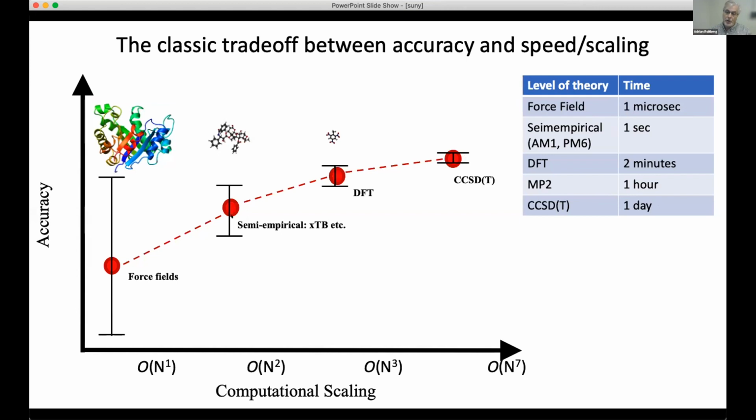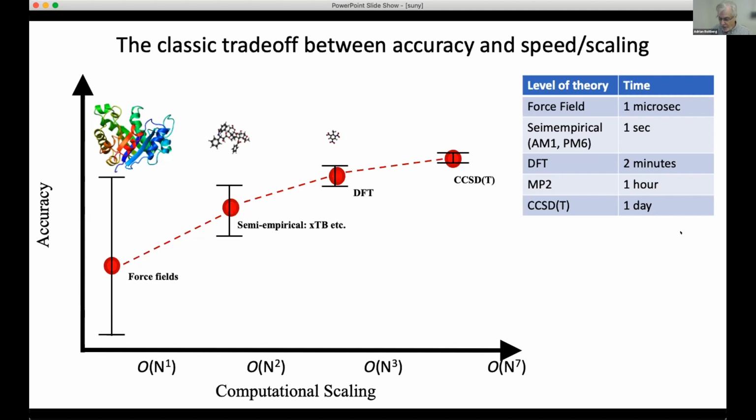If on the other extreme, you want to use a classical force field, you can do huge systems, millions of atoms. The calculation is very fast, so sampling you can do, but it's not super accurate, or it depends very much on the system. So this has been historically this conundrum: if you want to be very accurate, you cannot sample conformational space. If you want to sample conformational space, you cannot be very accurate.